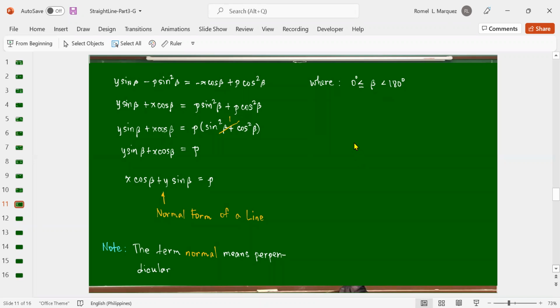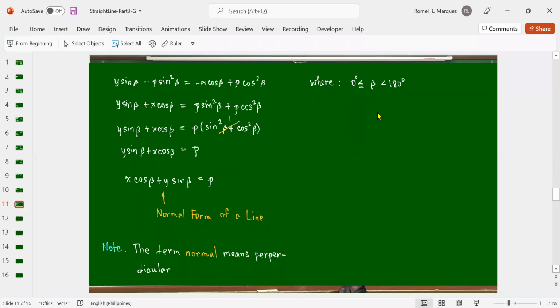Okay? There are books that consider P not directed. So you have to be careful about the orientation in the book that you're going to use. In our case, our orientation is that P is directed.